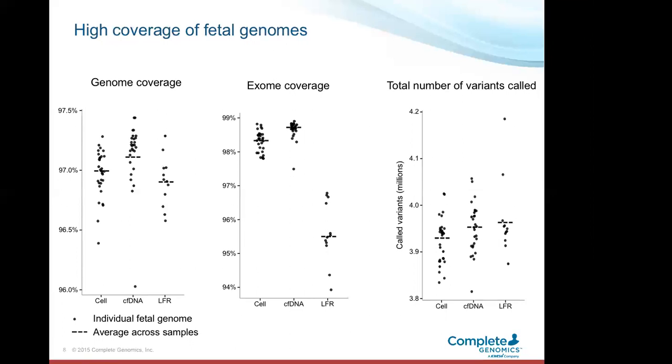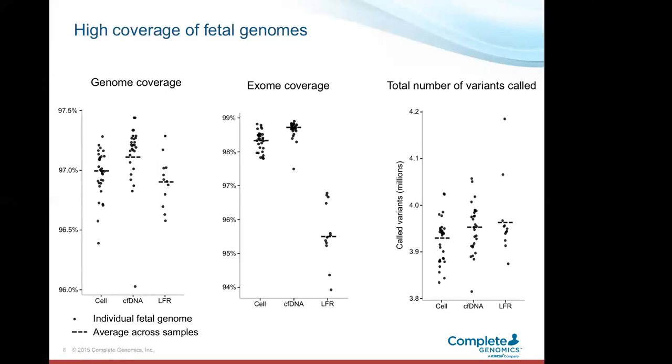From these plots, we can see that up to 97% of the genome is confidently covered, meaning that for up to 97% of the genomes, we were able to make confident calls for both alleles for all three different library types. And for the standard libraries generated from both cell-free DNA and the cell pellets, the exome coverage was above 98%.